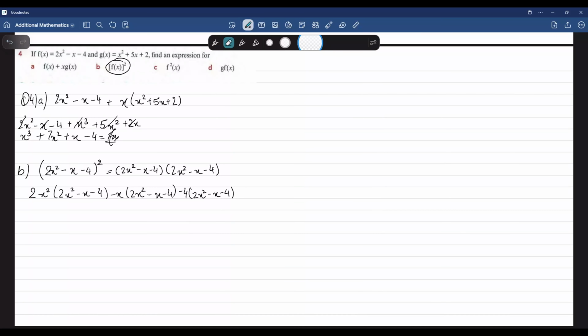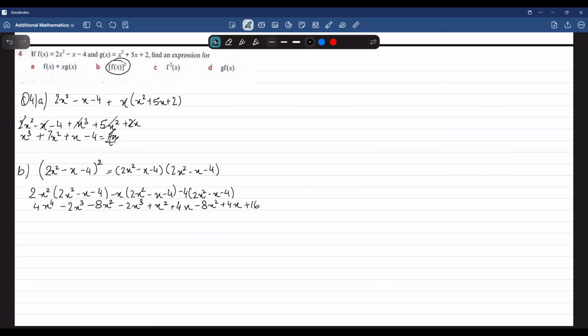Okay, so we are going to go forward. Right now we are going to multiply. 2 times 2 is 4x raised to power 4, minus 2x cubed, minus 4x cubed, minus 8x squared, minus 2x cubed plus x squared plus 4x, minus 8x squared plus 4x plus 16.